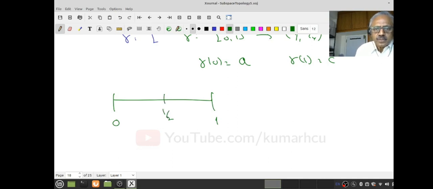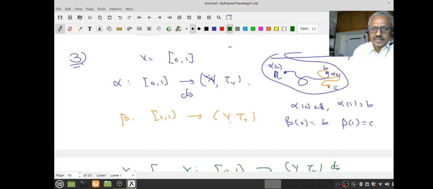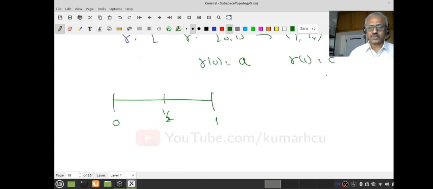Think of alpha as a train. At time 0 it starts at A, at time 1 unit of time it goes to B. Now I want the train to go twice as fast, that is at 0 it starts at A, at half it reaches already B. That means I have to go at twice the speed.